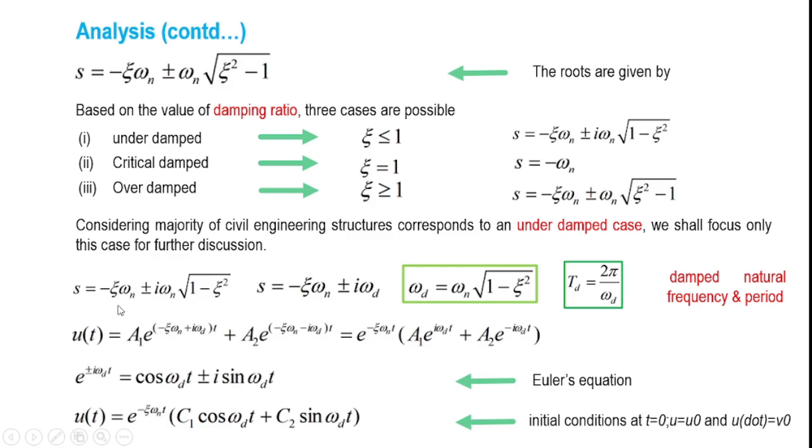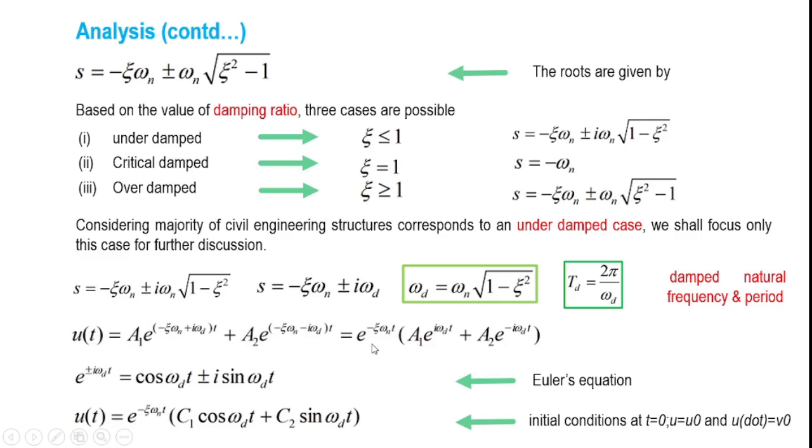Now accordingly, for the two roots of the characteristic equation s1 and s2, we can combine these two solutions in order to obtain a general solution as u(t) equal to a1 into e raised to minus of c into omega n plus of i omega d into t. Remember, this is e raised to s1 into t, that's the first root, plus a2 into e raised to s2 into t. s2 is nothing but minus c omega n minus of i omega d into t.